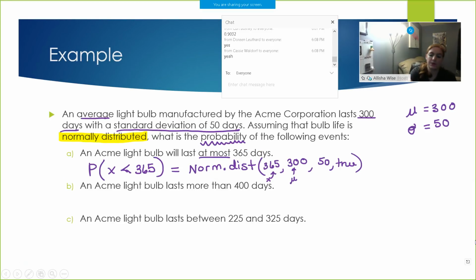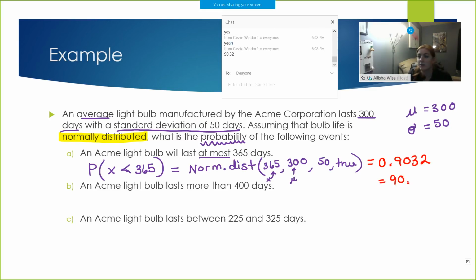Now, what is that as a percentage? Because we're back to probability. Probability can be expressed as a percentage. 0.9032 is 90.32%.